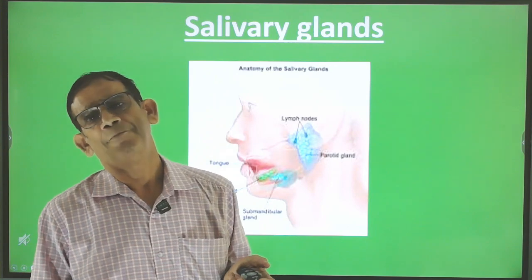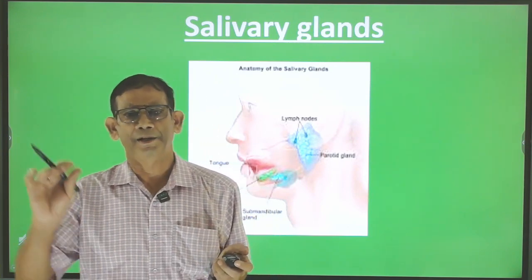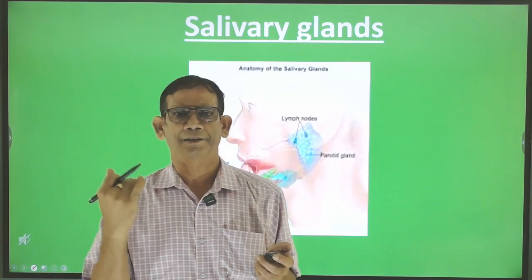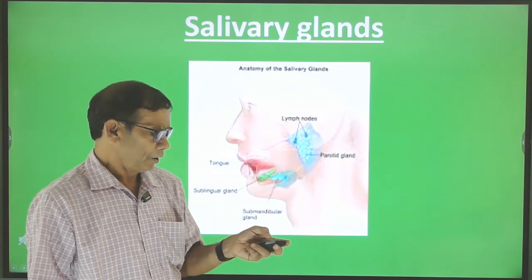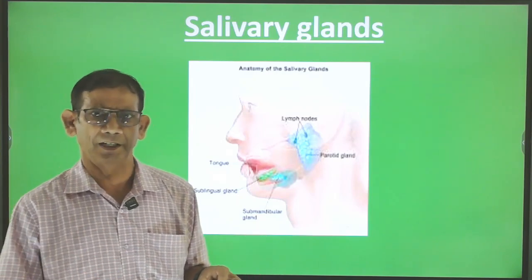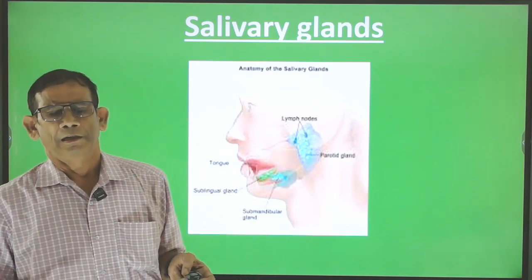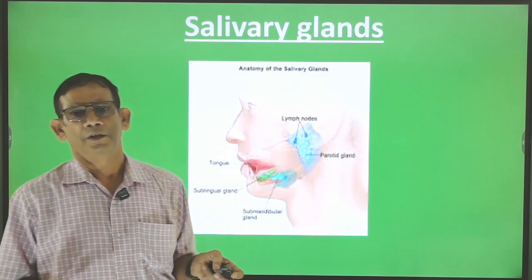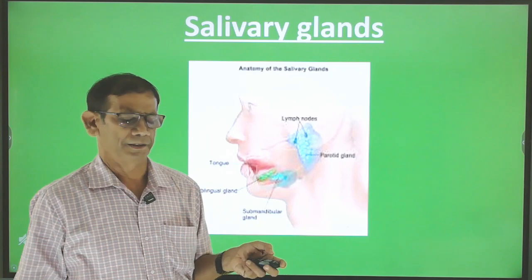Besides this, there is a particular type of gland present just above the tongue, which helps in the secretion of a fat-digesting enzyme.